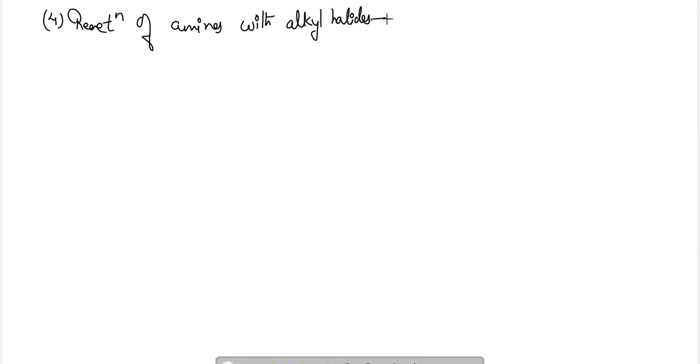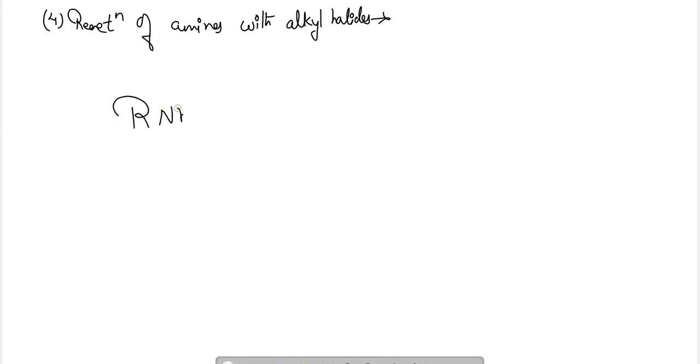Next is the reaction of amines with alkyl halides, also called alkylation.